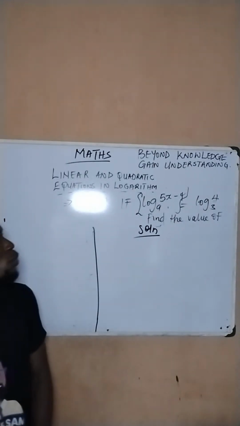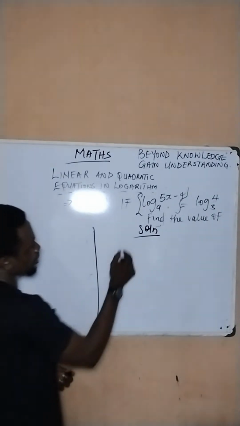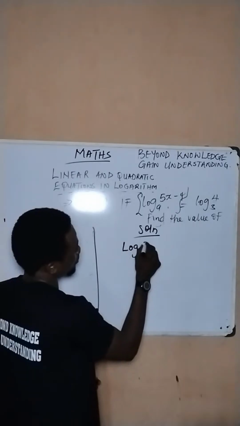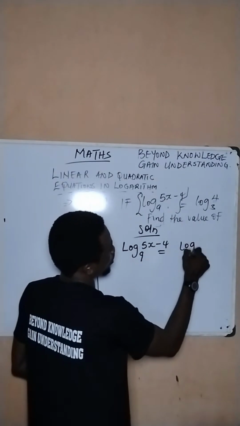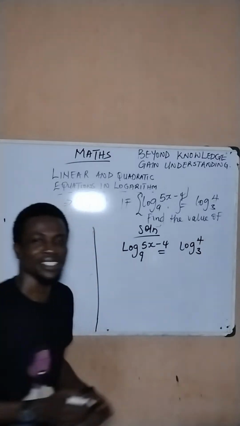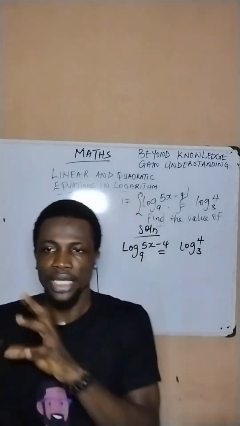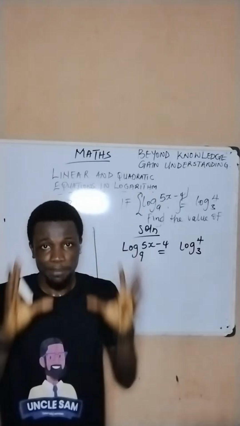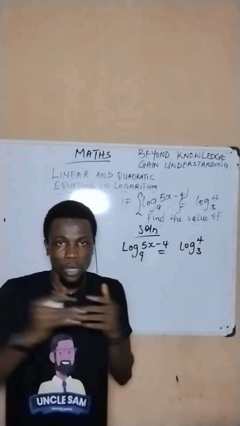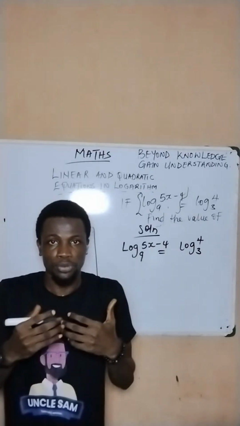So what can we do here? The second approach is this. Since we have that log 5x minus 4 to the base of 9 is equal to log 4 base 3. When we treated the laws of logarithm, I took time to actually expand on those laws, why they are logical, or the proof to these laws.